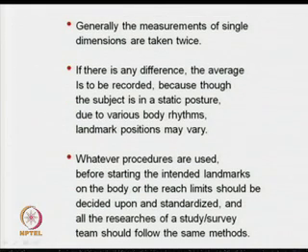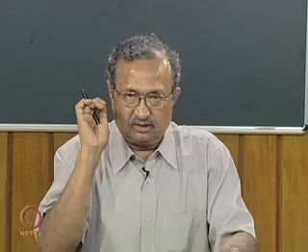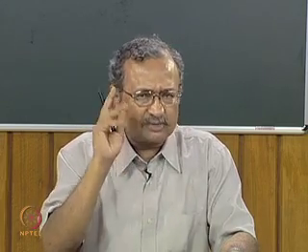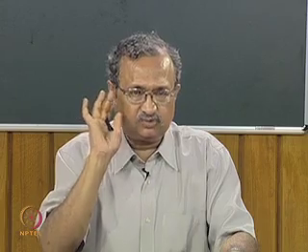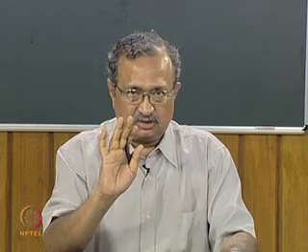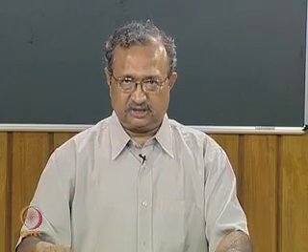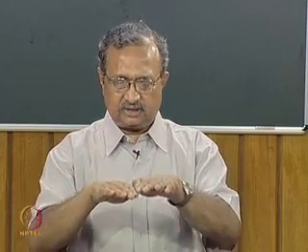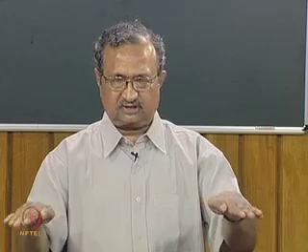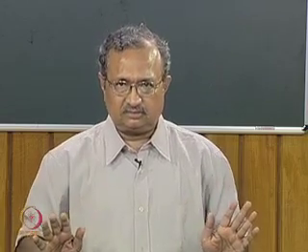Generally, the measurements of single dimensions are taken twice, because there may be some kind of human error. Another issue is that suppose I want to make a working surface, a platform height.